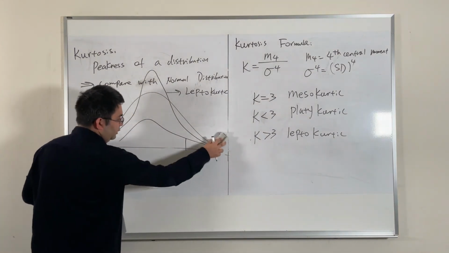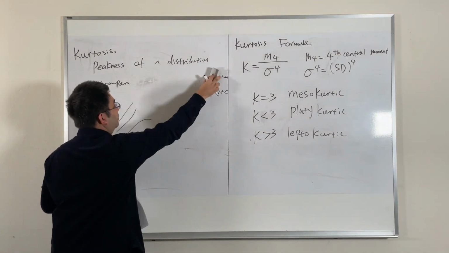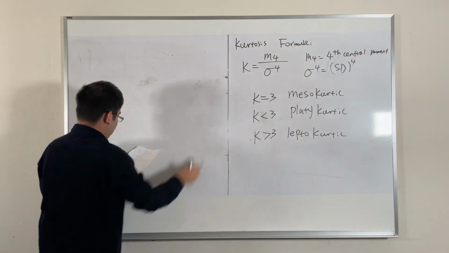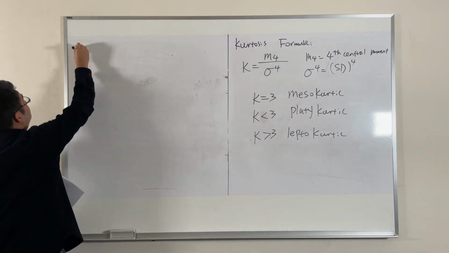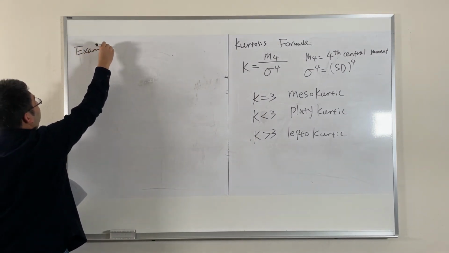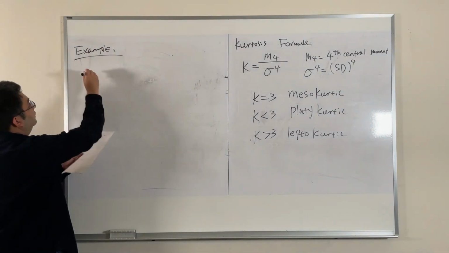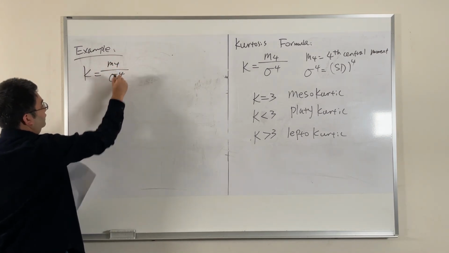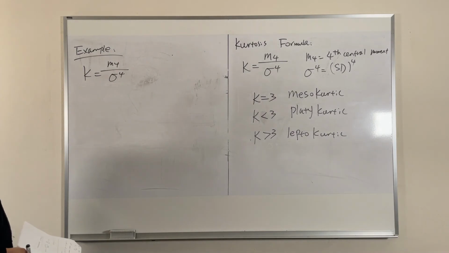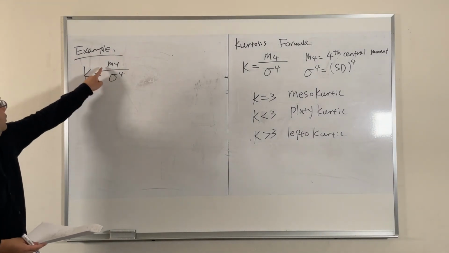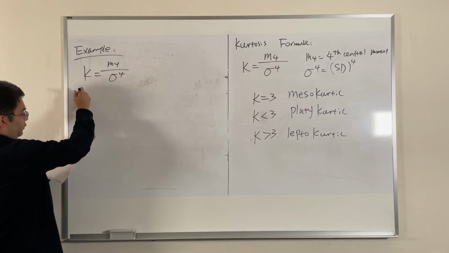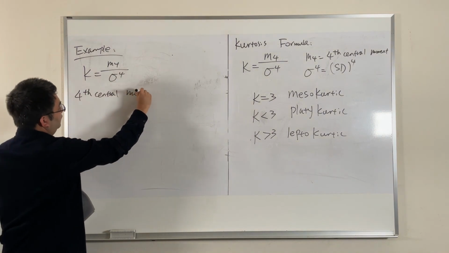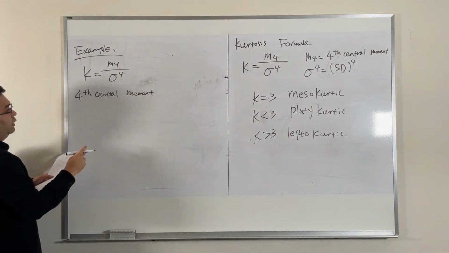We'll again be using the example from the moment video. K equals M4 over sigma to the fourth. Do we have sigma? Yes, but we need M4, so we'll have to calculate the fourth central moment. We did not calculate this in the previous video, so we have to calculate it now.